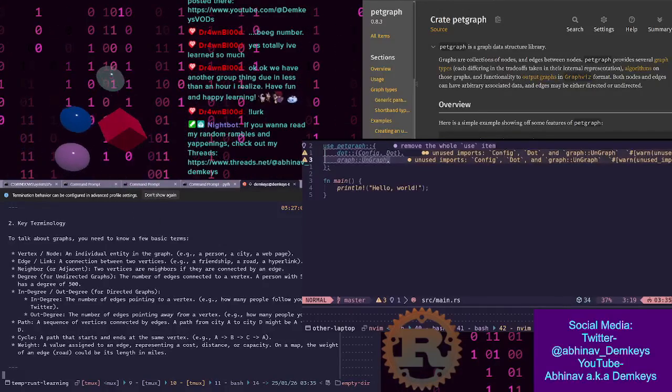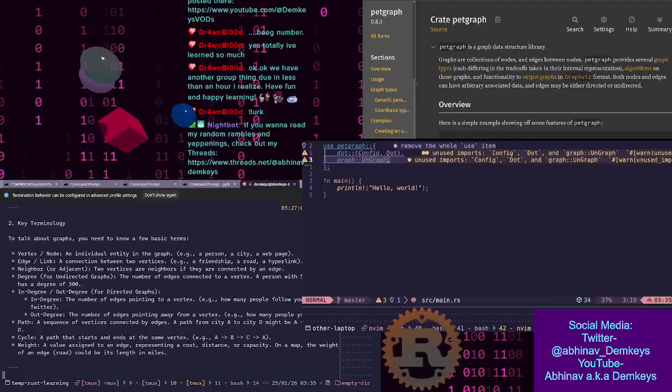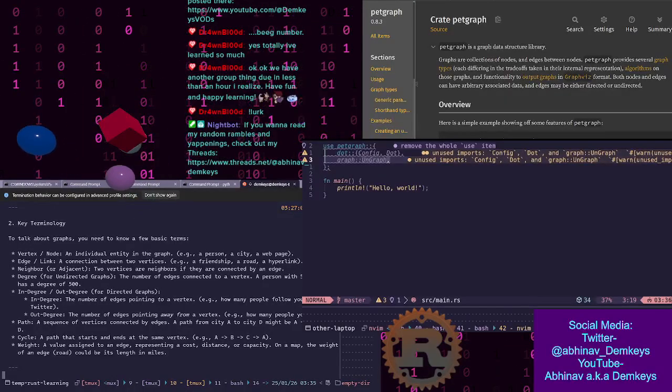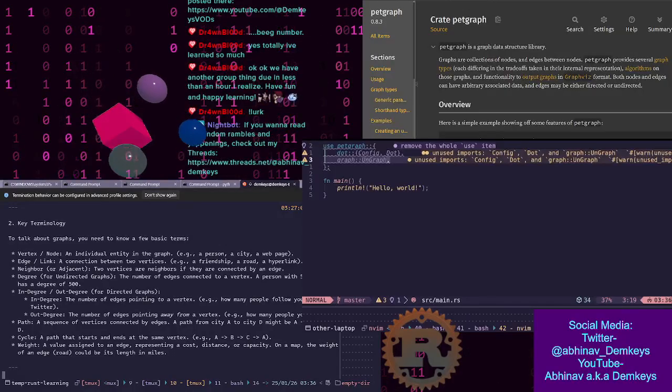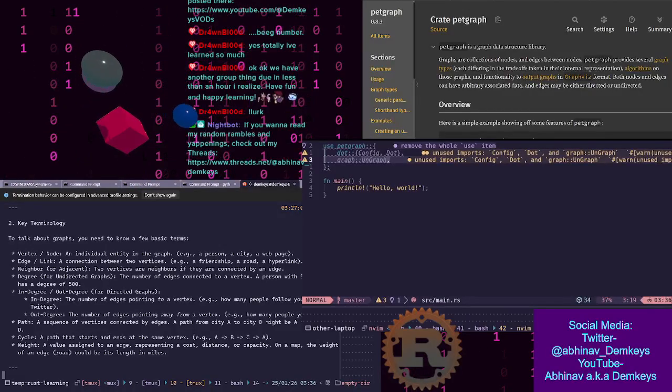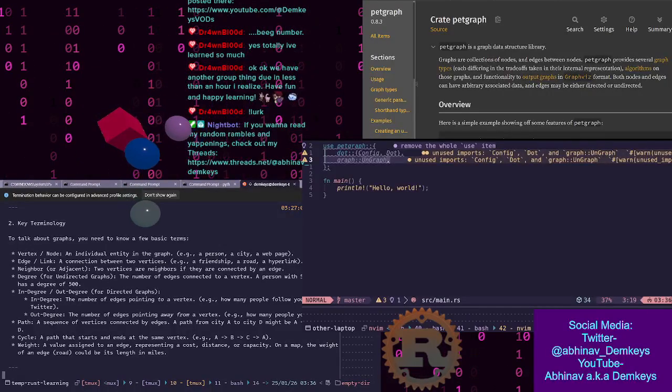But now, as time has gone by, now is the right time for me to get into this, and so now I actually have interest in it. So now I'm going deeper into this concept, and thanks to crates like petgraph, I'm hoping it's going to become super easy for me to define these graphs and also traverse these graphs.